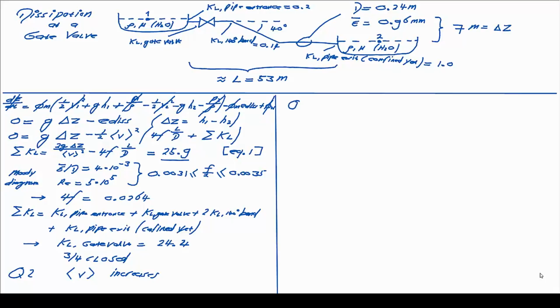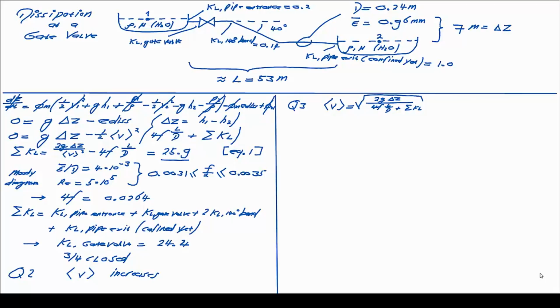Question 3. Equation 1 from question 1 is still applicable since we are again considering a steady state situation. Let's rewrite equation 1 to get an expression for the average velocity. In this new situation, 4F and sigma KL might have changed.